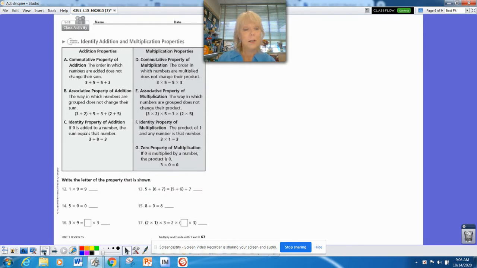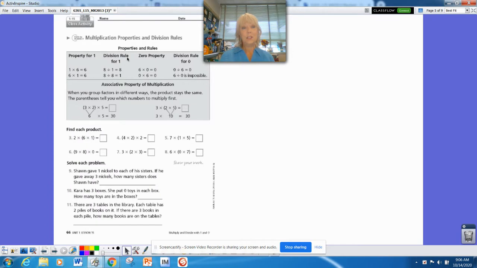So let's go back to your first page. Notice that it goes over the choices for you. You are going to be working on these. Associative property of multiplication: when you group factors in different ways, the product stays the same. The parentheses tell you which numbers to multiply first. So parentheses always come first.